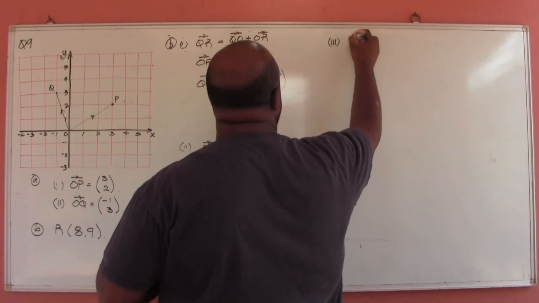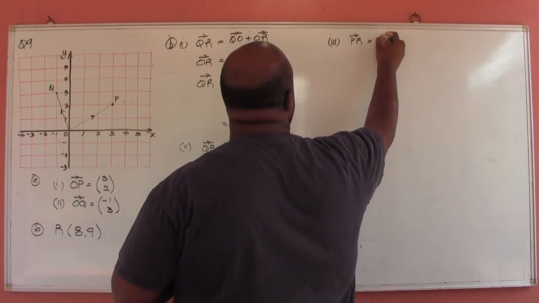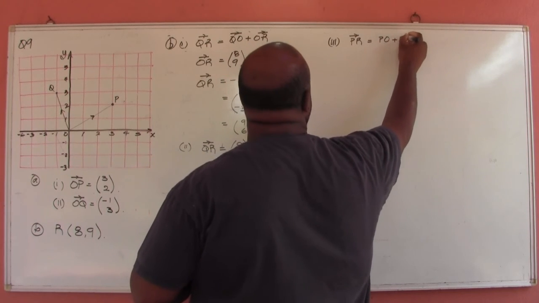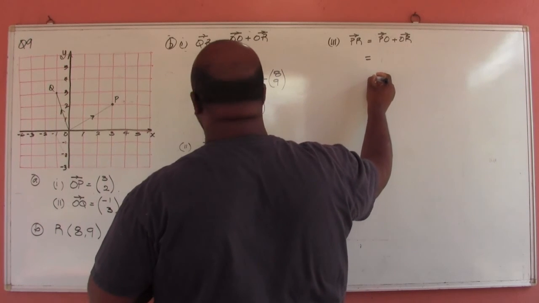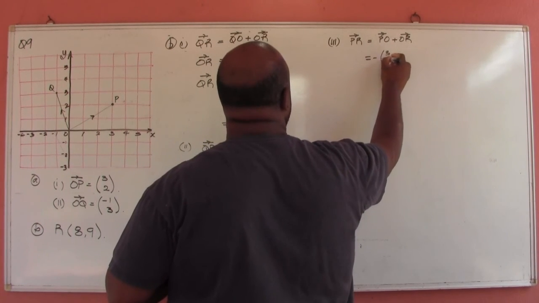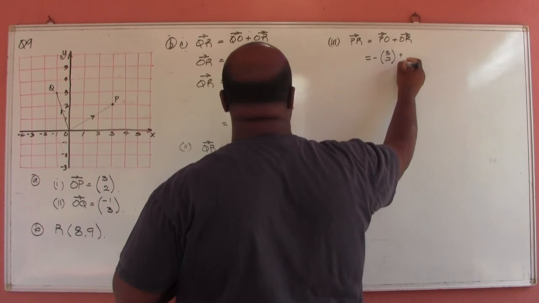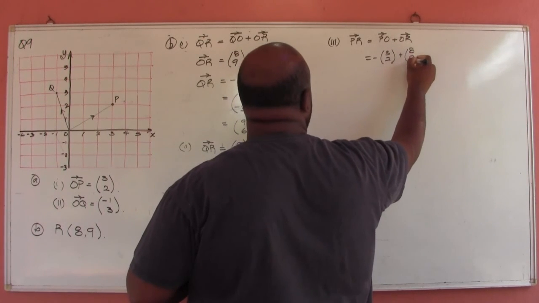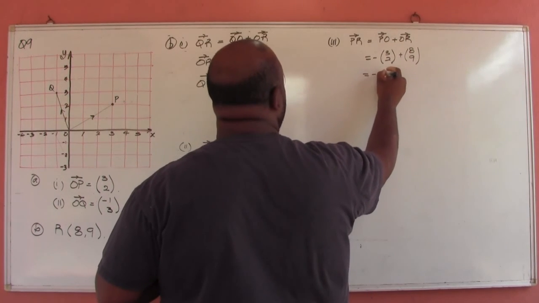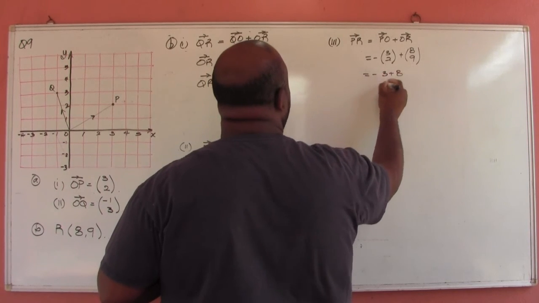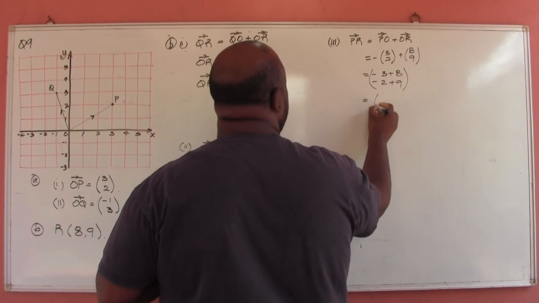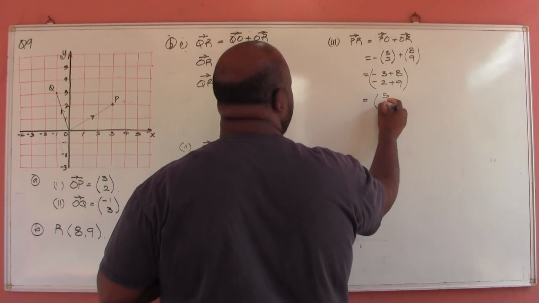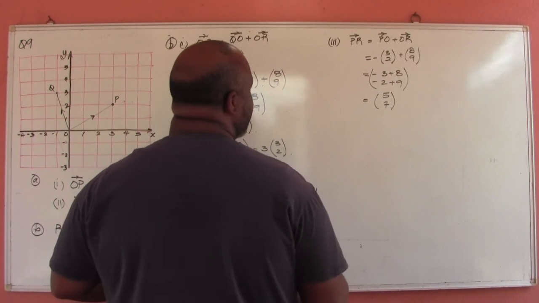The vector PR would be the vector PO plus OR. Now PO would be (-3, -2), and OR is (8, 9). So this is -3 plus 8, and -2 plus 9. So this is (5, 7).